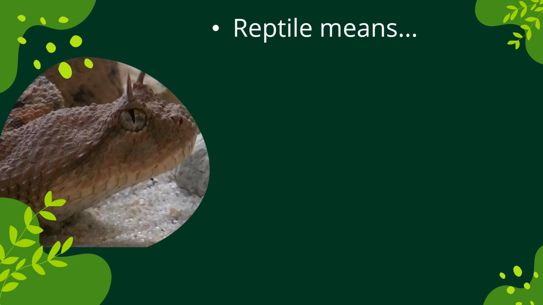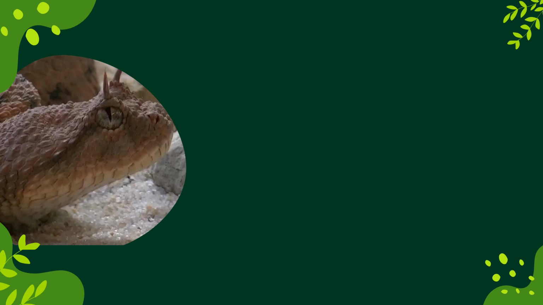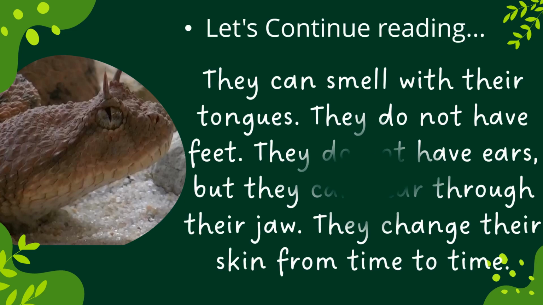Let us unlock first your vocabulary. A reptile is an animal that has cold blood, lays eggs, and has a body covered with scales. What are the different reptiles that you know? Comment down below.